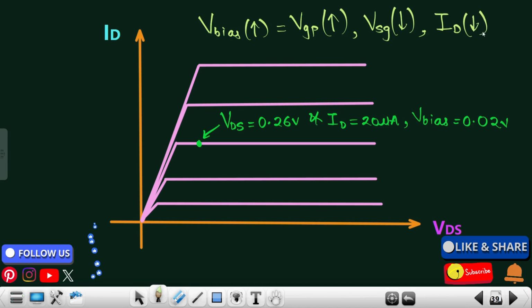And as ID decreases, we also found out that as my Vbias increases, VDS of NMOS decreases.